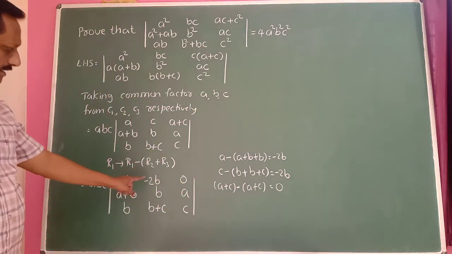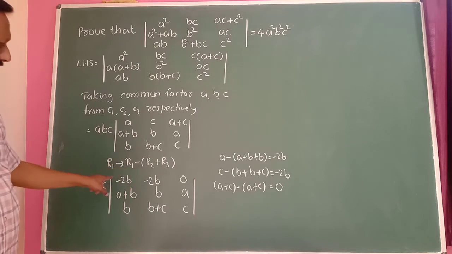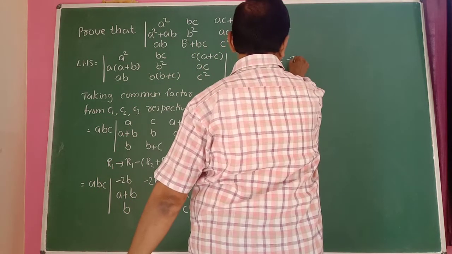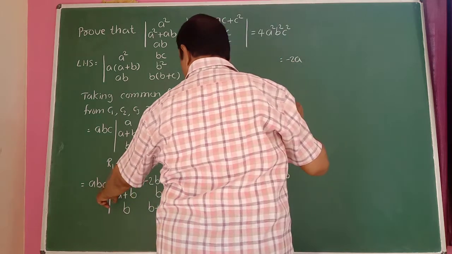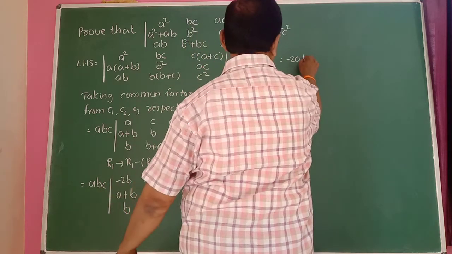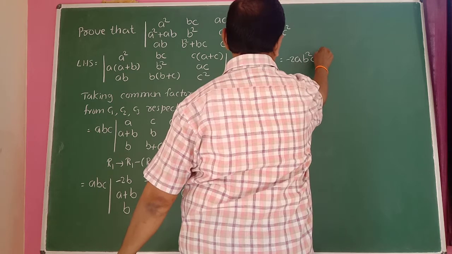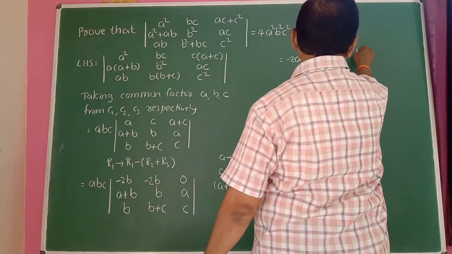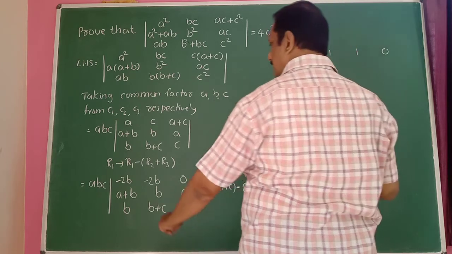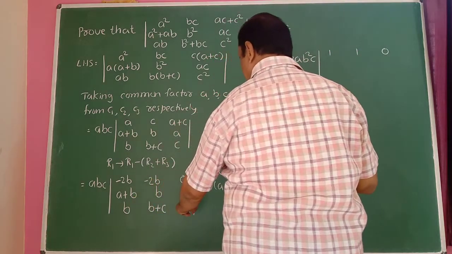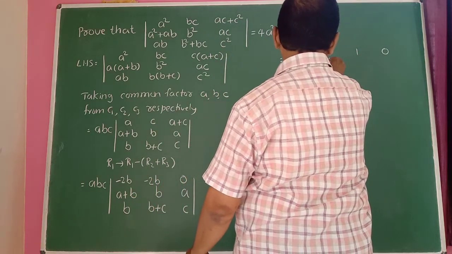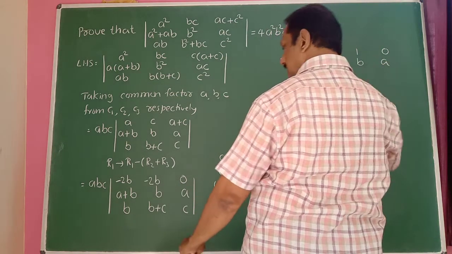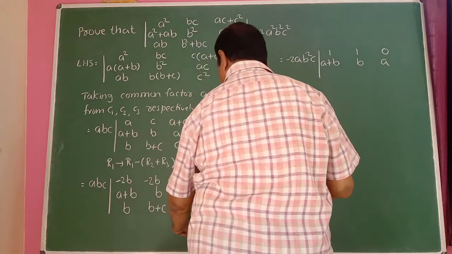From the first column, minus 2B is a common factor. Take minus 2B common. Hence minus of 2 into A into B, and this B becomes B square, B square into C into the determinant of 1 and 0, 1 and 0, then A plus B and A. So right here A plus B, then B and A, then B plus C as it is.